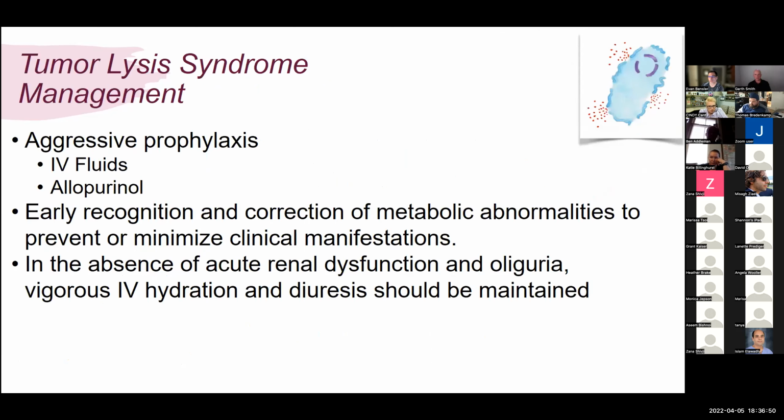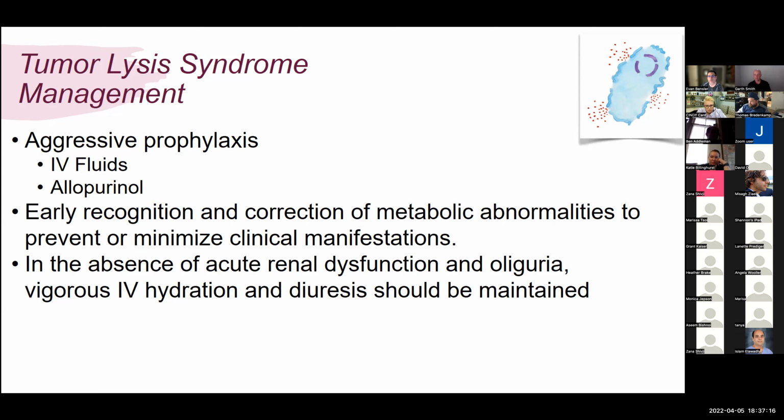The good thing about tumor lysis, though, is that we're aware of which malignancies we tend to see tumor lysis in. And those patients, again, are usually treated as an inpatient and get aggressive IV fluids. Sometimes they'll follow the uric acid and even give them allopurinol prophylactically. The key to this is the early recognition and correction of these metabolic abnormalities.